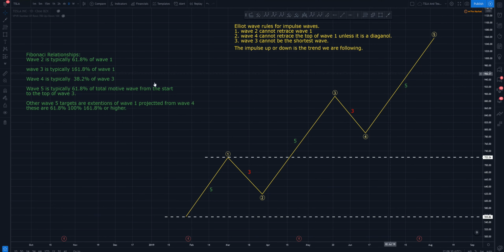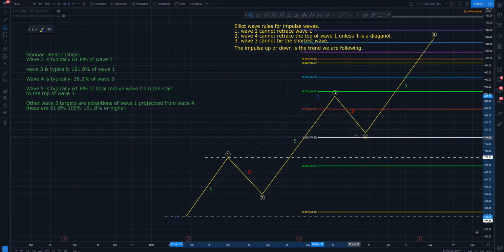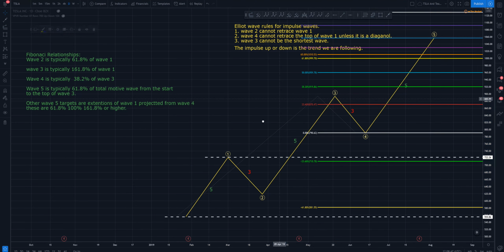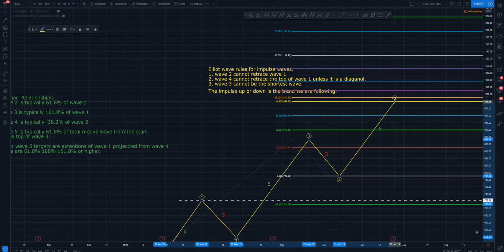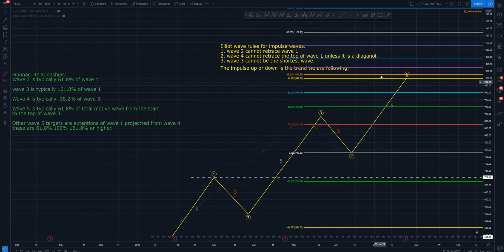For example, let me explain. Wave 5 is typically 61.8% of the total motive wave from the start to the top of wave 3. So what does that mean? Start at the bottom, bypass wave 1 and 2, go straight to wave 3, and then project the length of wave 1 and 3 from 4. And we should see a wave 5 which finishes at the 61.8%.